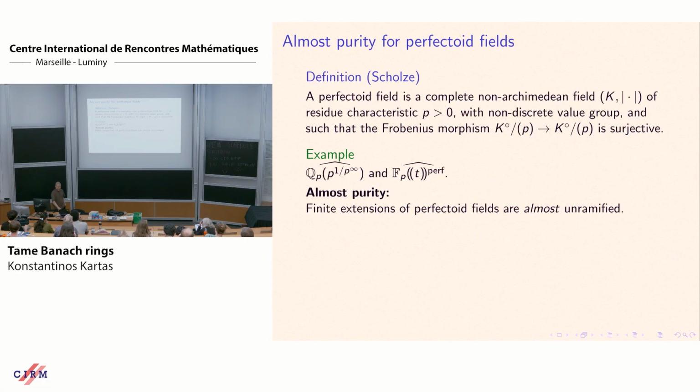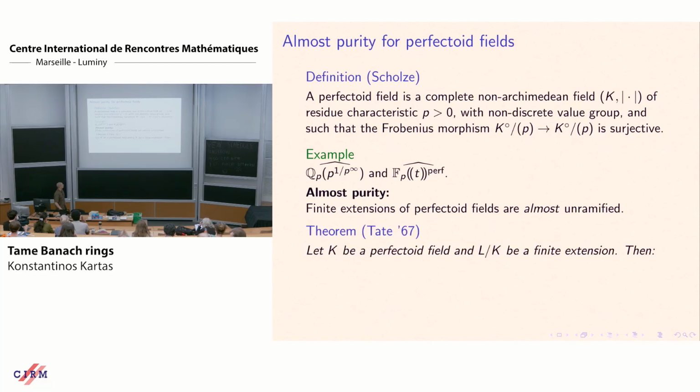So what does it say exactly? Tate did not formulate this, of course; the perfectoid terminology was introduced much later, but in some sense he was the first one to observe this phenomenon in a special case.